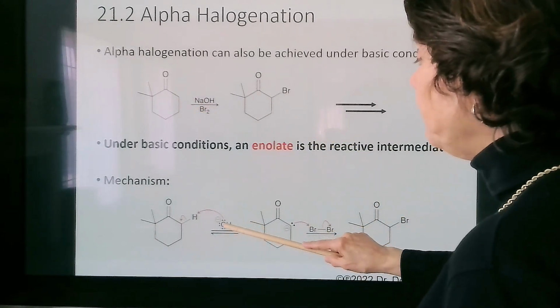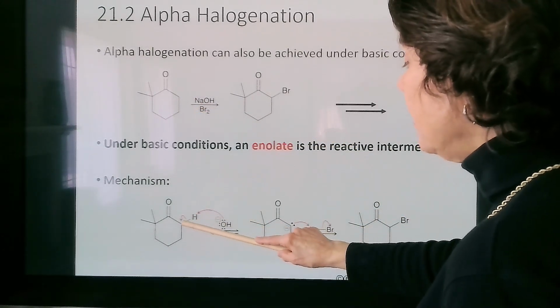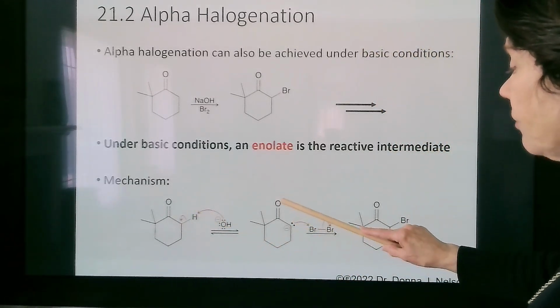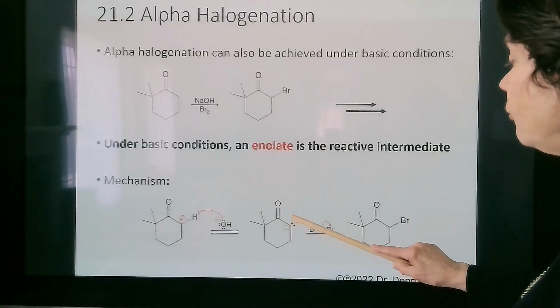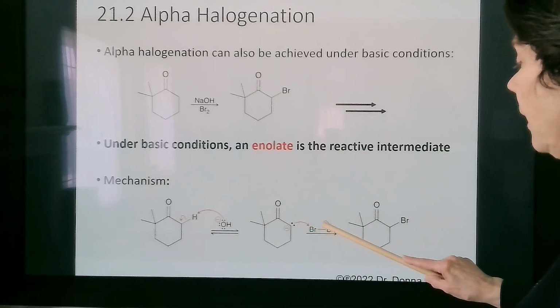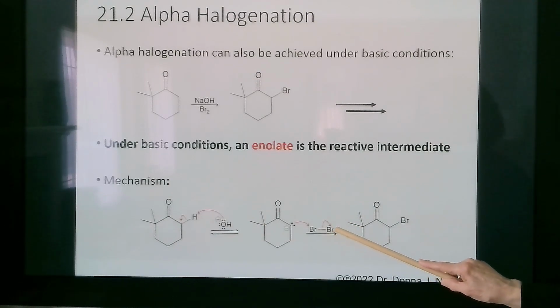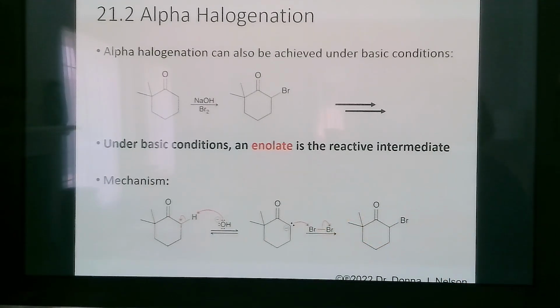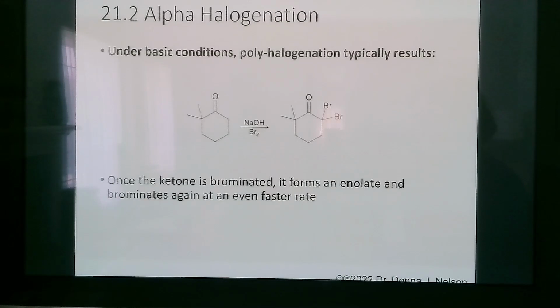So you simply deprotonate here at the alpha position. You generate the enolate, the pair of electrons involved in the negative charge attacks molecular bromine, and bromide departs, carrying with it a pair of electrons and the negative charge.